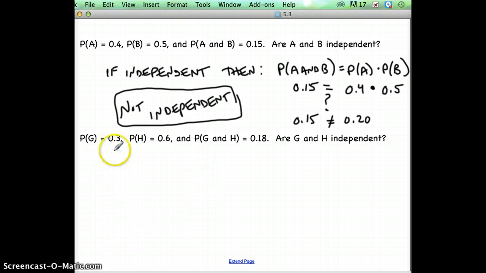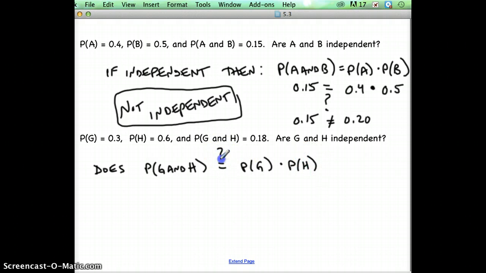Okay, let's try this one. Here's all of our probabilities. Are G and H independent? Okay, so we ask ourselves, does the probability of G and H really equal the probability of G times the probability of H? Well, the probability of G and H is 0.18.